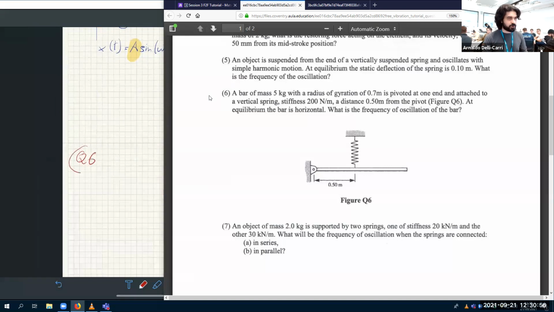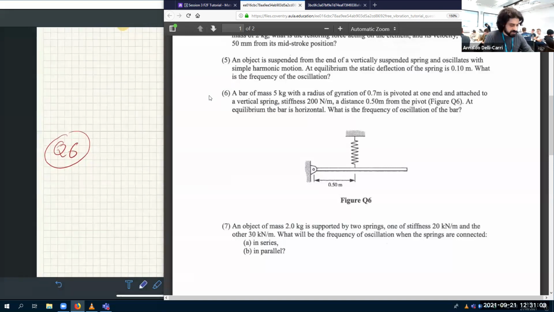And you need, of course, the free body diagram of this bar. So let me copy it first.